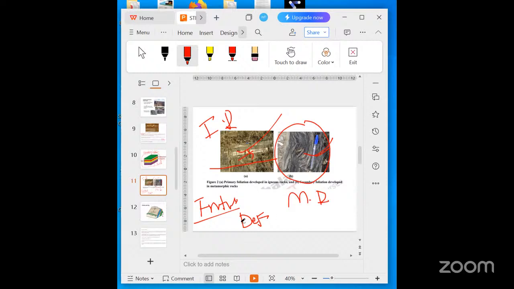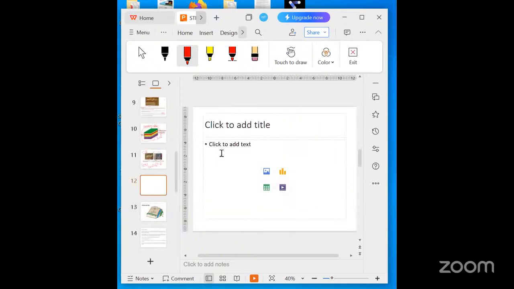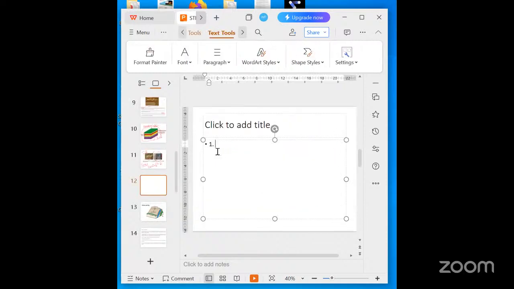So the first one is tensional forces, right? What are these tensional forces? These stretch and pull rock masses apart. The second one is compressive forces.